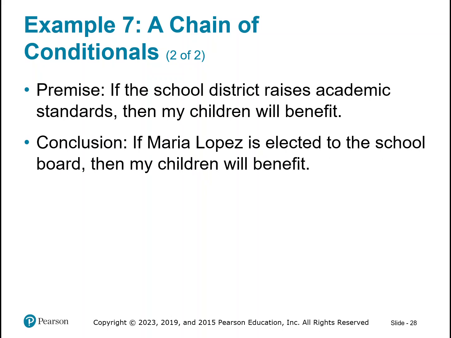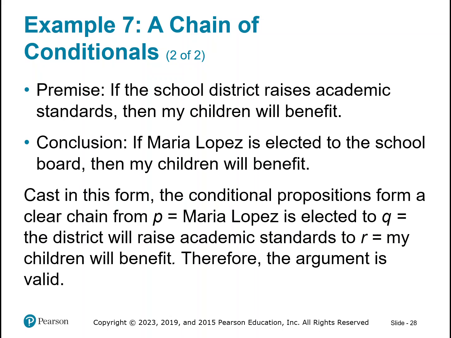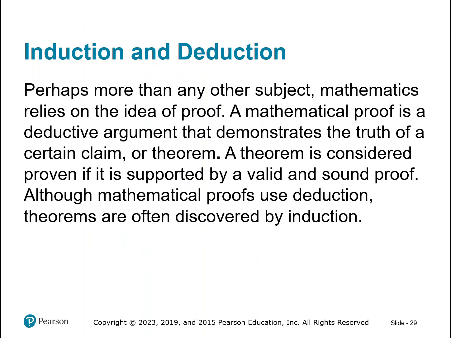Conclusion: if Maria Lopez is elected to the school board, then my children will benefit. P to Q, Q to R, tells me P to R works. In this form, the conditional propositions form a clear chain from P, Maria Lopez is elected, to Q, the district will raise academic standards, to R, my children will benefit. Therefore, this argument is valid.